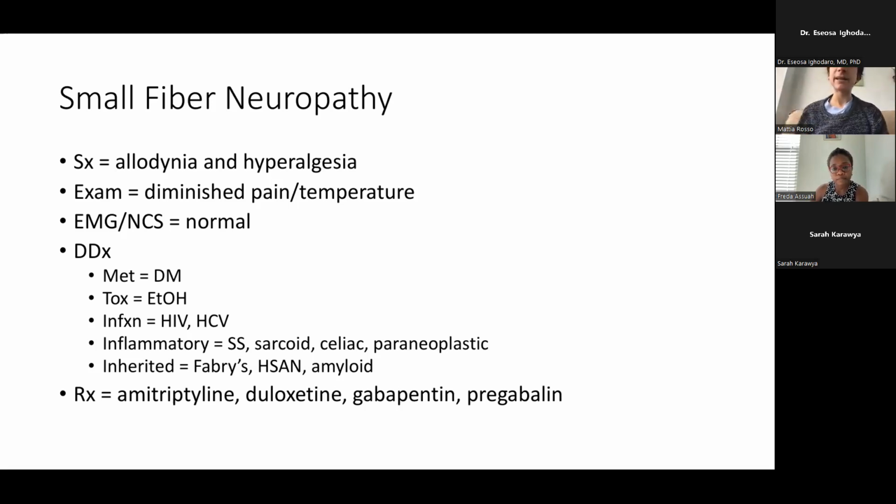So we can treat the pain, and amitriptyline, duloxetine, gabapentin, pregabalin are all options. There are also topical solutions that can be applied, such as solutions with capsaicin, and those can alleviate some of the pain these patients are experiencing.